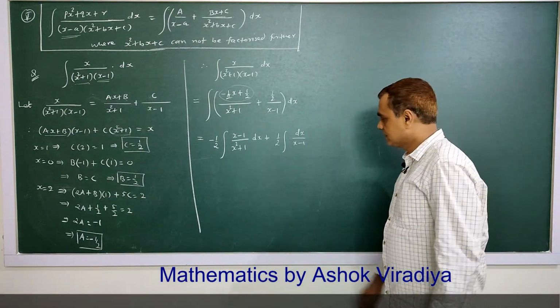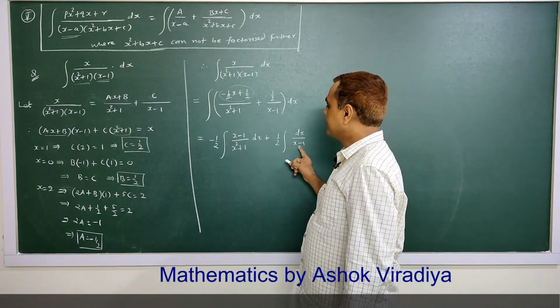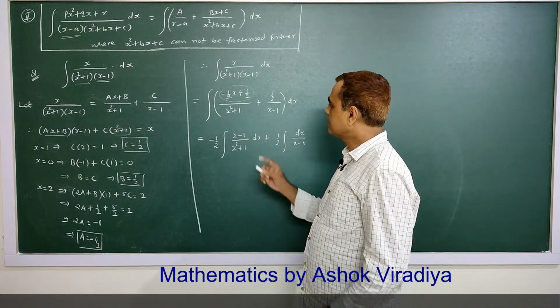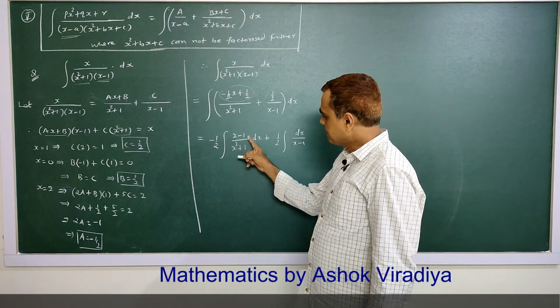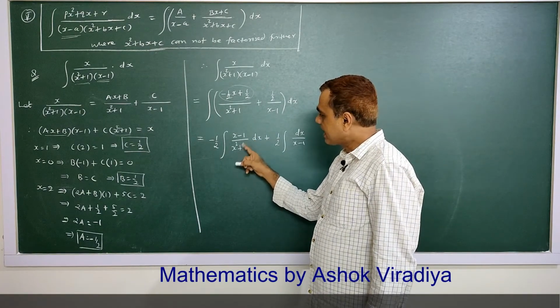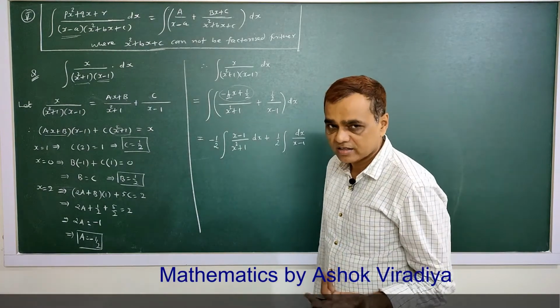Now see, this is integrable, but this is not yet integrable. If 1 upon x square plus 1 is there, then we know its integral.